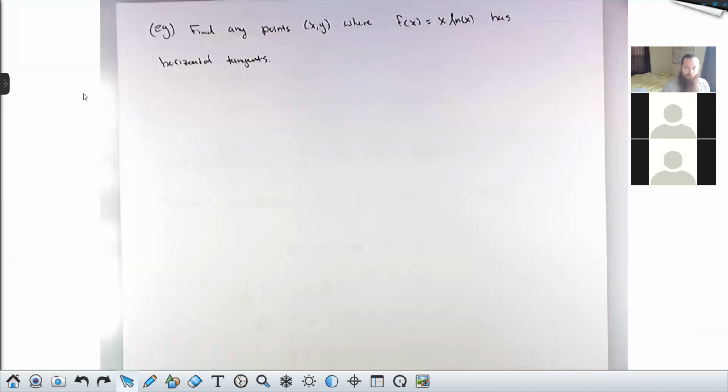We had a question like this on our first test. How do we find the location of horizontal tangent lines? We need to solve the equation f prime equals 0.